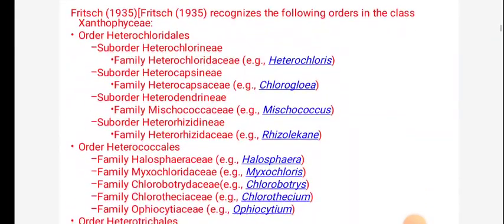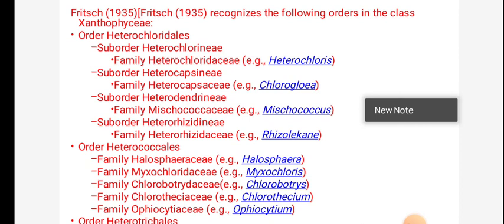Then our main scientist Fritsch in 1935 recognized the following orders in this class Xanthophyceae. Order Heterochloridales has 4 suborders with examples based on the genus name: Heterochloris, Chloridaceae, and Chlorogloea. Then Heterocapsaceae.